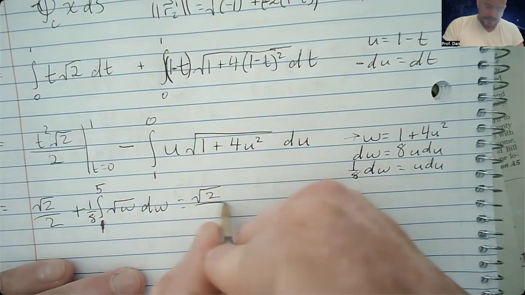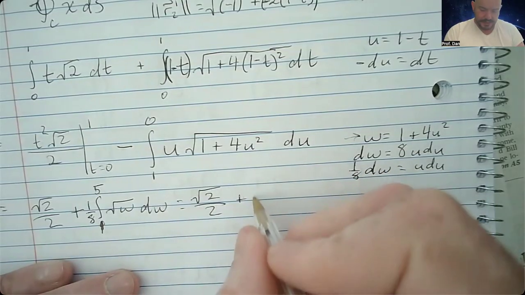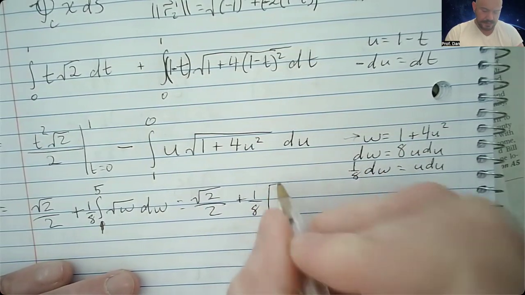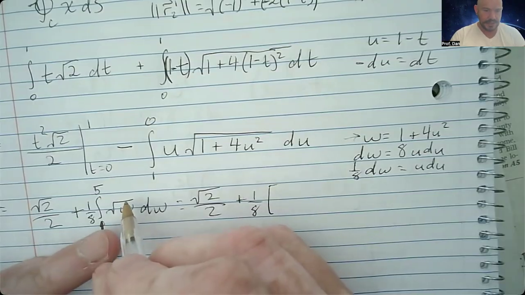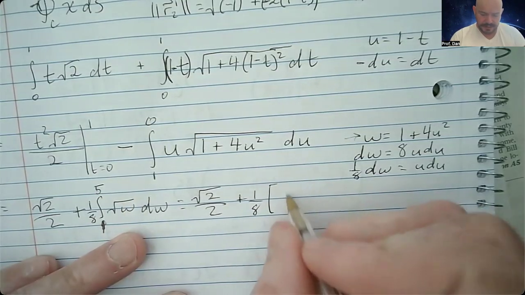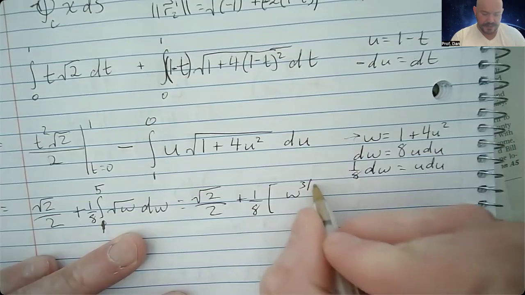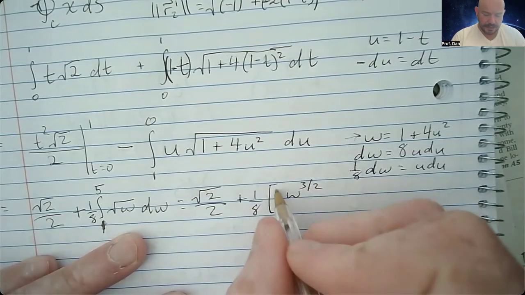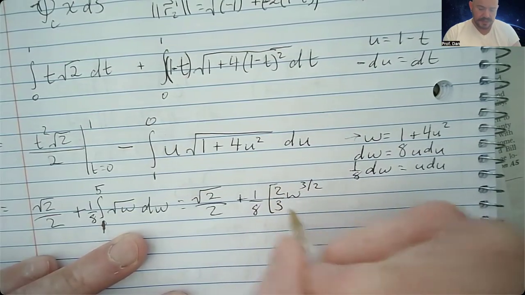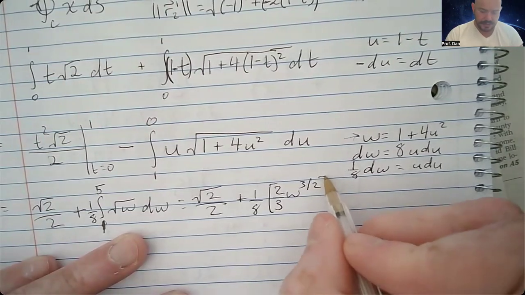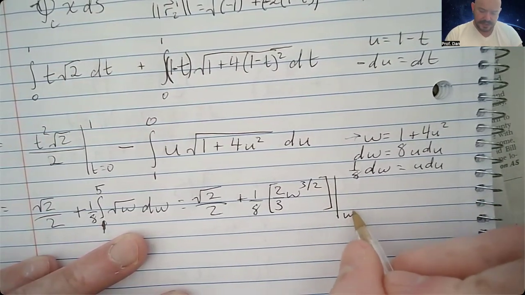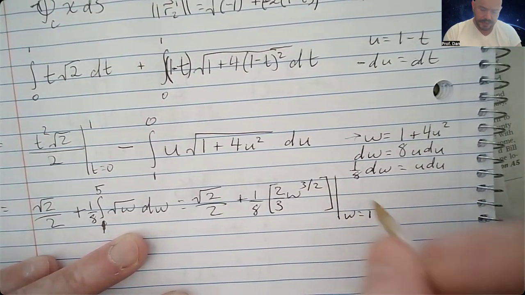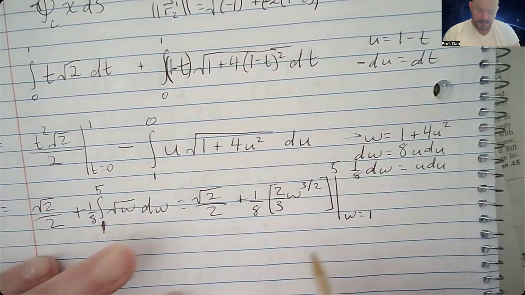So I have the square root of 2 over 2 plus 1/8. Remember, this is w to the 1/2, so I can add 1 to the power. That's going to be w to the 3 halves, and divide by the new power, which is the same as multiplying by 2/3. We're going to use that and evaluate w from 1 to 5.